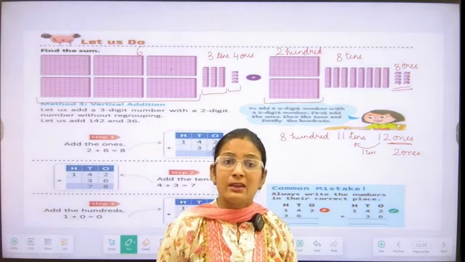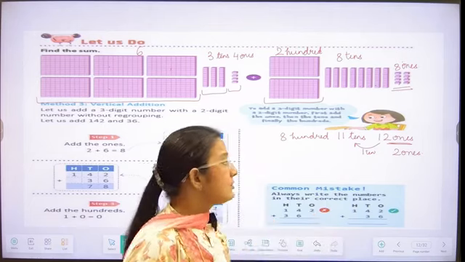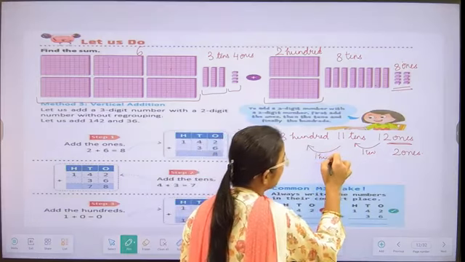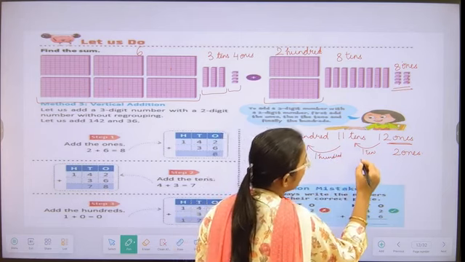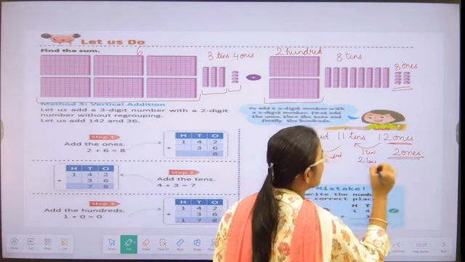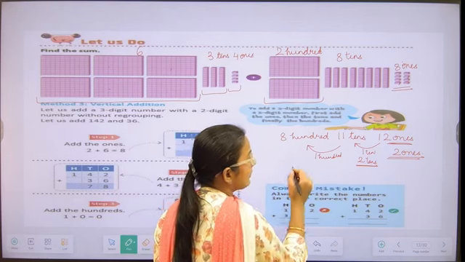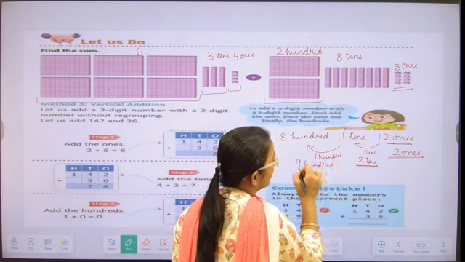And we know that every 10 tens will make 100. So what are we going to do? We are going to give 100 to the hundreds. And how many tens are we left with over here? We are left with 2 tens. So we are having 2 ones and 2 tens. Now if I'm adding 800 with 100, I am having 900 with me.